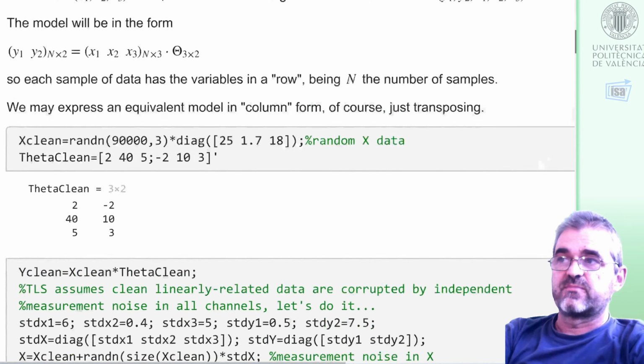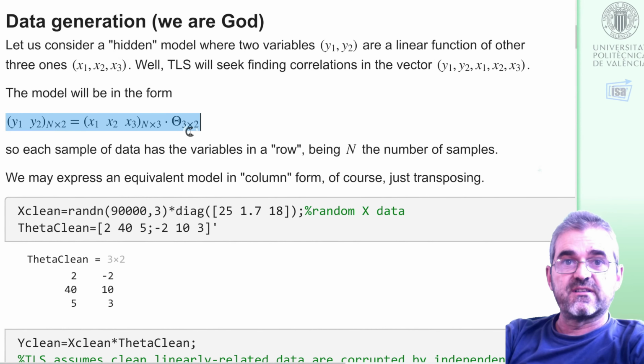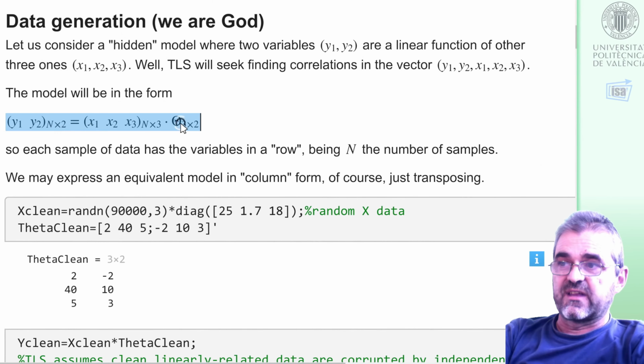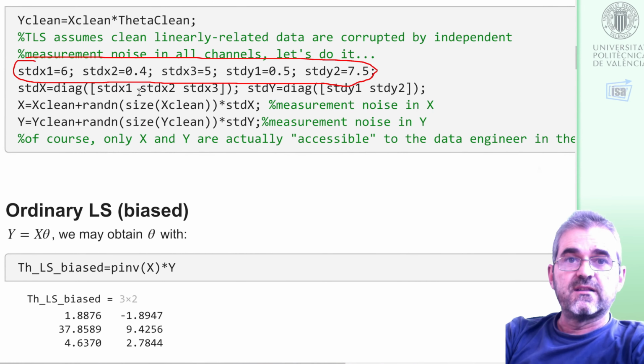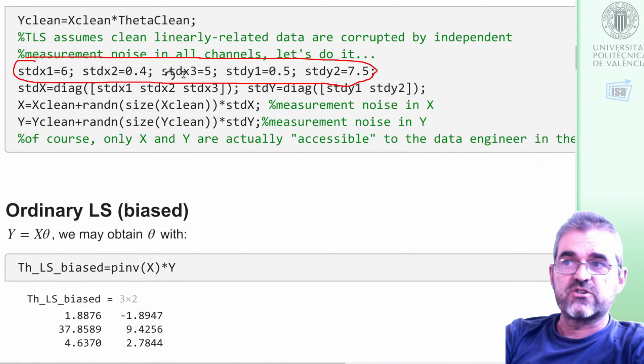If we summarize the previous video, we were generating data like this with a clean theta given by this model. Clean data were contaminated with an additive noise, measurement noise, with this standard deviation for each of the 5 channels in my dataset.